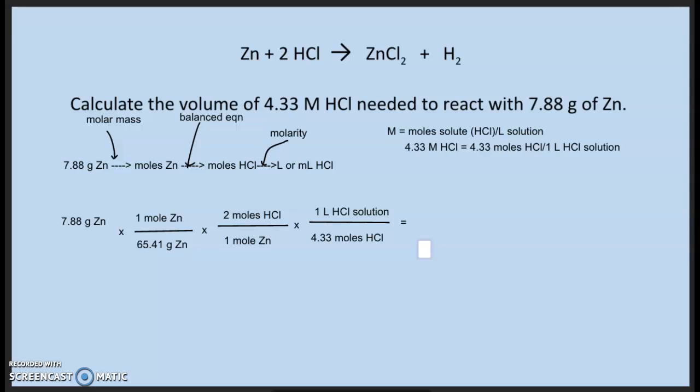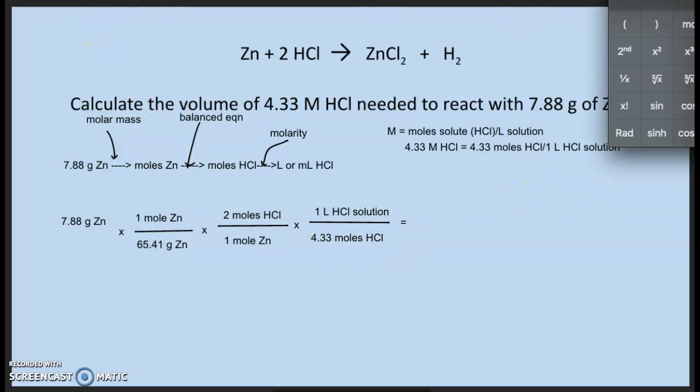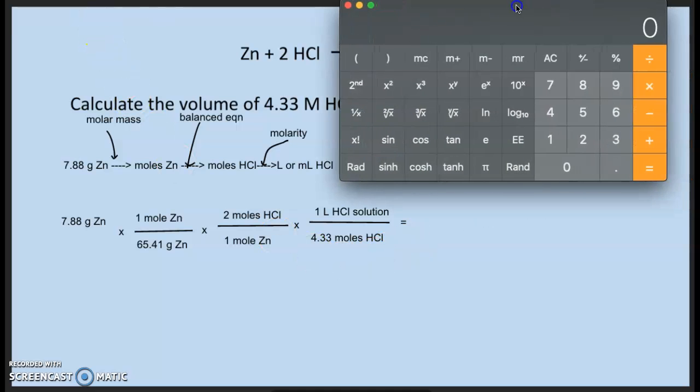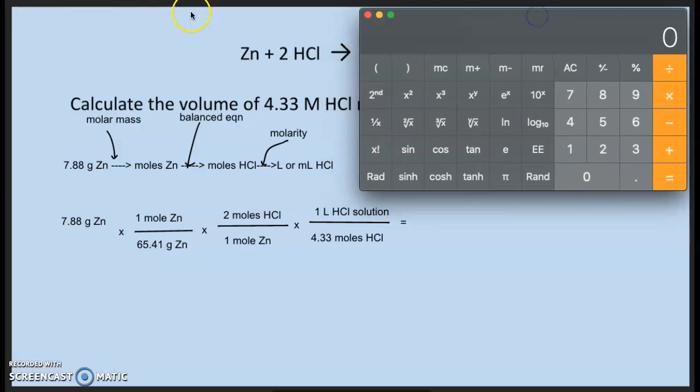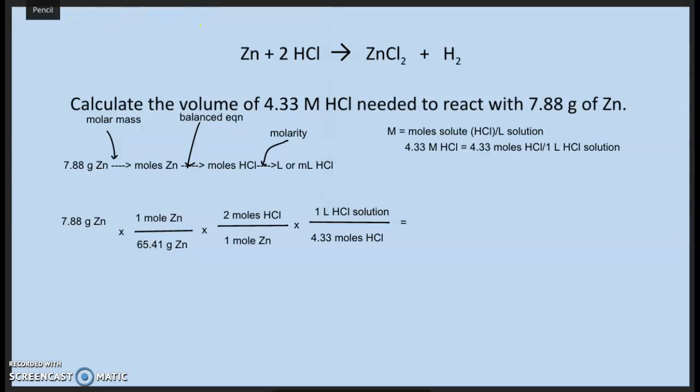Set up my calculation, get my calculator out here. And while that's going, make sure that everything cancels out that needs to cancel out. So my grams of zinc are canceled out there. My moles of zinc are canceled out there. My moles of hydrochloric acid are canceled out there.